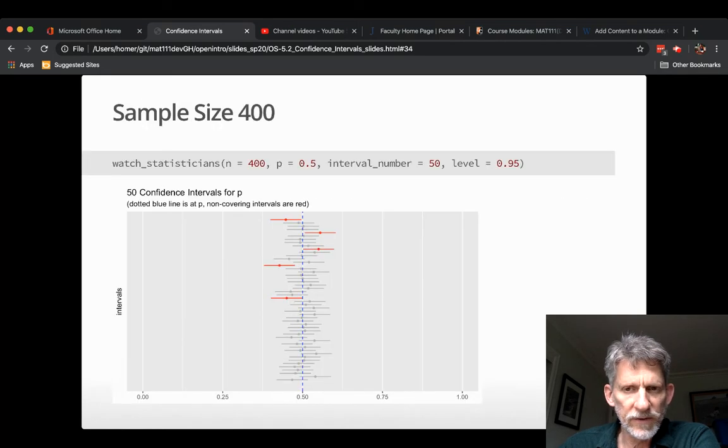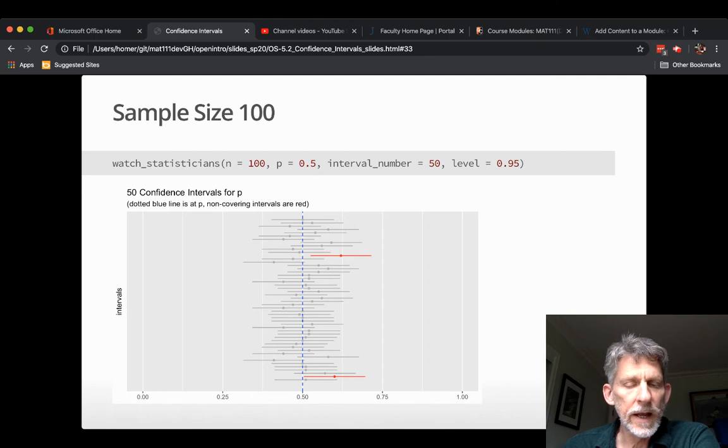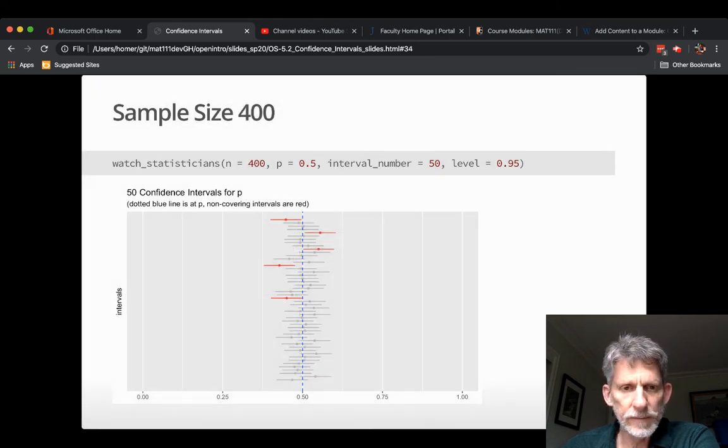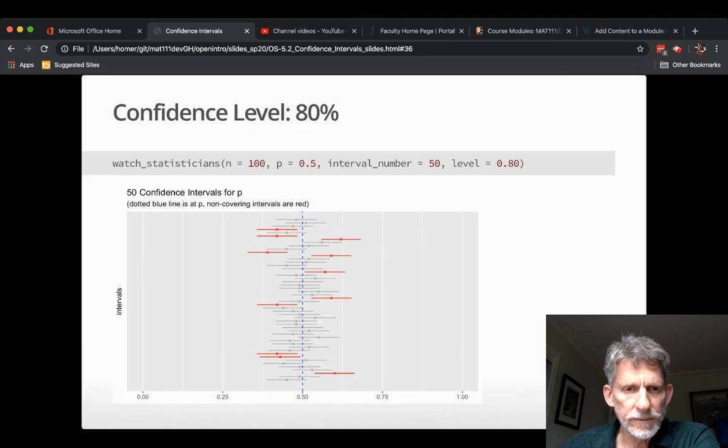0.95 with sample size 100 was back here, wider intervals. Notice that only a few of them failed to contain the parameter. Now, 80% confidence intervals: narrower intervals, but more of them don't contain the parameter.